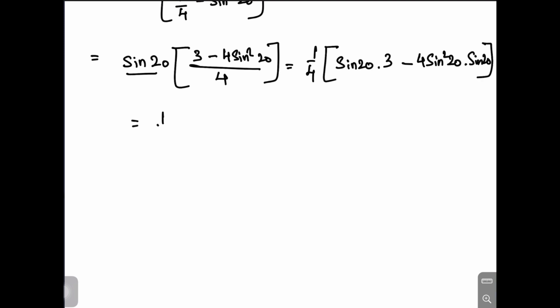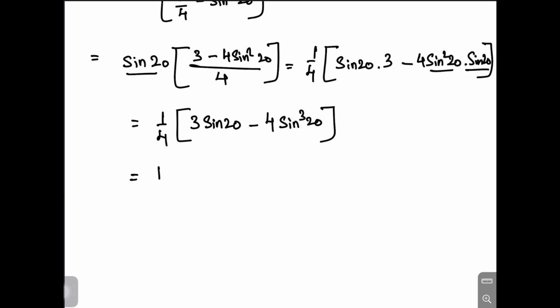So here 1 by 4 into 3 sin 20 minus 4 sin cube 20, since sin 20 is repeated twice here and once more.